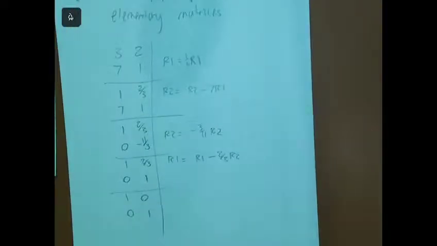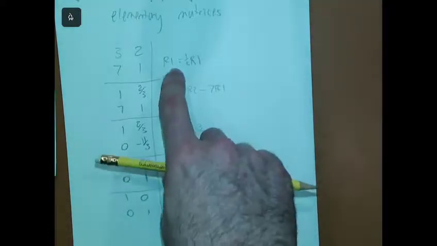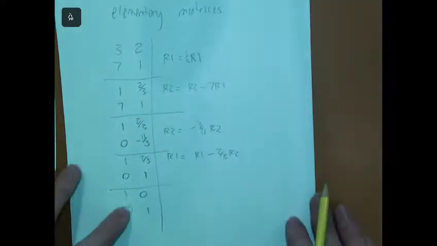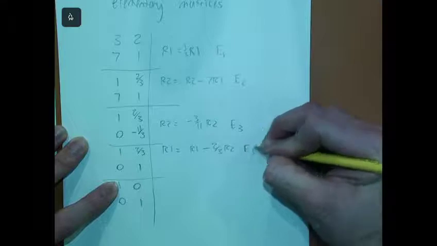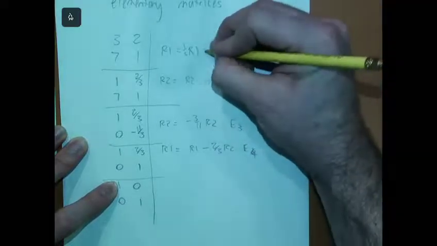So let's just ponder this. A times an elementary matrix. I'm going to write this, but I'm probably going to rub it out. Or maybe not. That's got its own elementary matrix. That's got its own elementary matrix. That's got its own elementary matrix, and that's got its own elementary matrix.